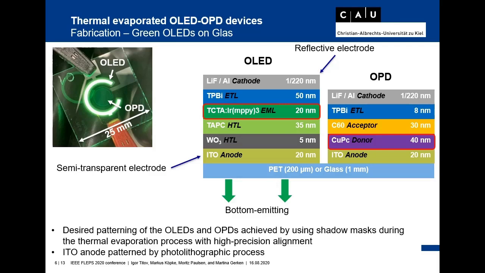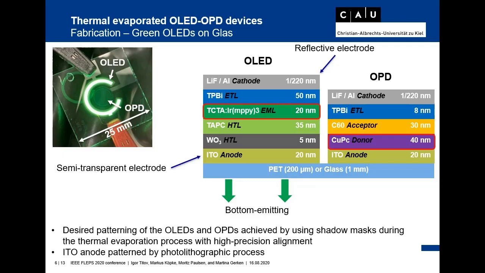The OLED-OPD unit, which is shown on the left, was fabricated on a 25 by 25 mm glass substrate with a thickness of 1 mm. The OLED is based on a green emitting phosphorescent iridium dopant, and TCTA is a host for the emitting layer. Green emitting sources are often used in PPG systems for blood absorption measurements.